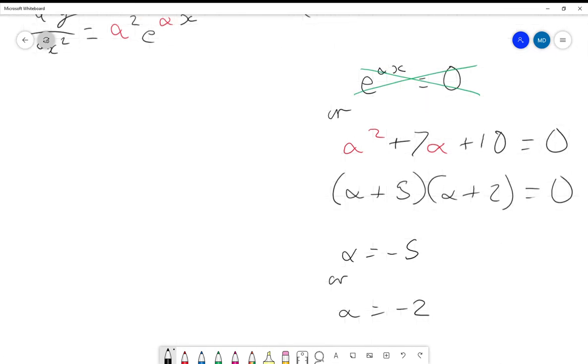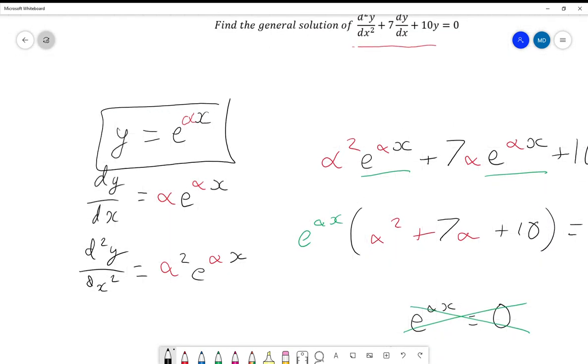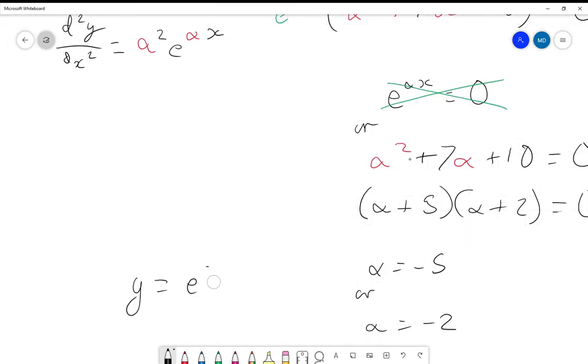Which then tells us my solutions are y equals e to the minus 5x, going back to the original thing we tried, or y equals e to the minus 2x. And we're done.